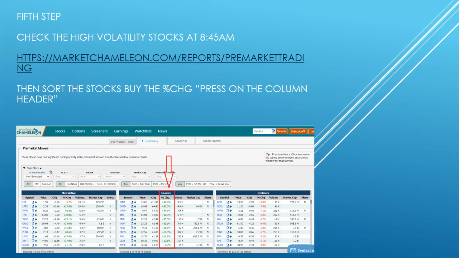Which stocks have high volatility, so you can trade them today. Now, why will these stocks have high volatility? Because maybe they have an earning report that was released. Maybe they have hired a new CEO for the company. That's why the stock is moving, like going up. And sometimes they will have bad news, so that's why it's going down, and all of these things.